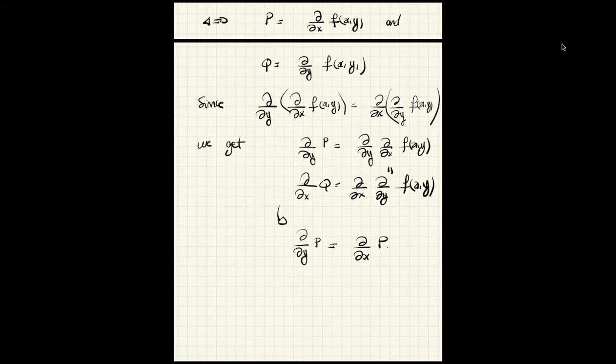But here is a very important thing to remember. You might be tempted to say that this must be true whenever I have a conservative vector field.